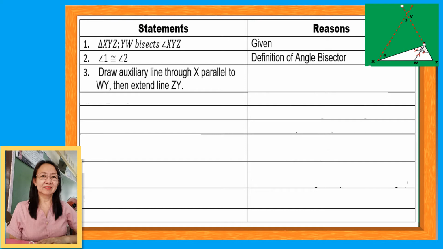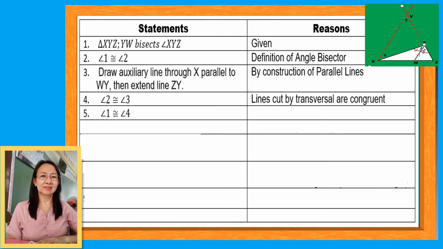Then, from the illustration, we have drawn the auxiliary line through X that is parallel to WY. Then extend line ZY. That is by construction of parallel lines. Then angle 2 is congruent to angle 3. And these are lines cut by the transversal, and they are congruent. Then angle 1 is congruent to angle 4. So in the figure, we will observe that they are alternate interior angles, and also they are congruent.